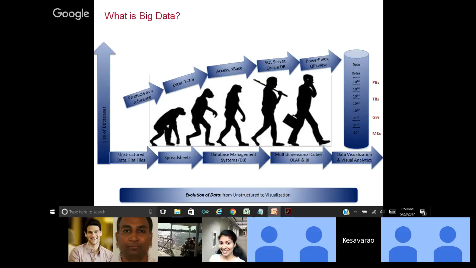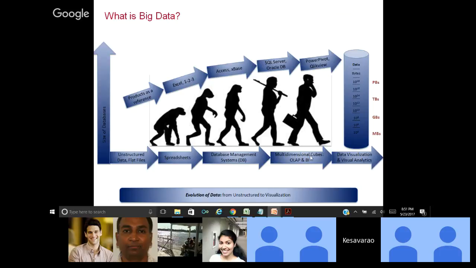This slide explains how over the period the data evolved, how the systems changed, how data was managed in the traditional systems. The size of databases keeps on growing. We used to have unstructured data, flat files, spreadsheets, then database management started and all the RDBMS type of databases came.